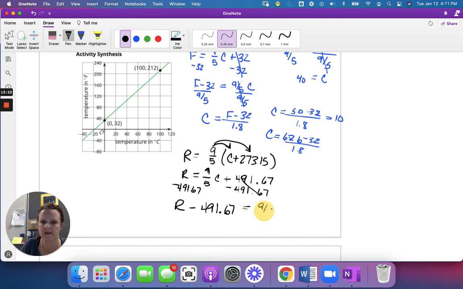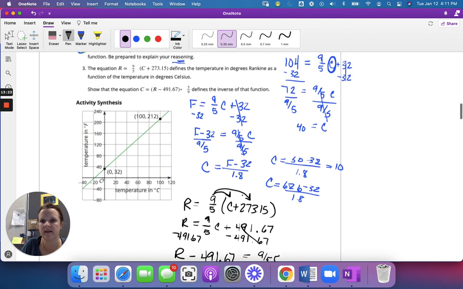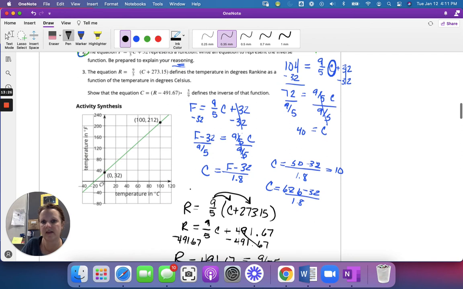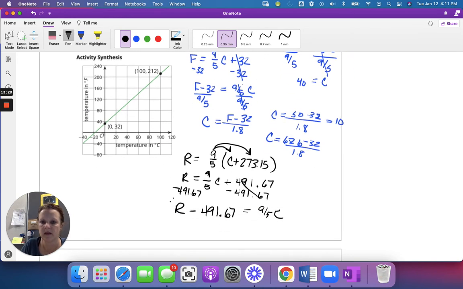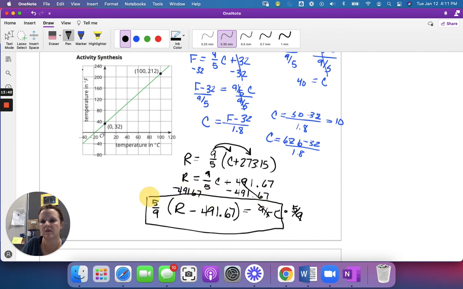equals 9/5 C. Now if I look, they've got 5/9 out there. So what I need to do is multiply both sides by the reciprocal. So what that does is it cancels those out, makes it 1, and then 5/9 out here. So that right there is the reciprocal without this in it.